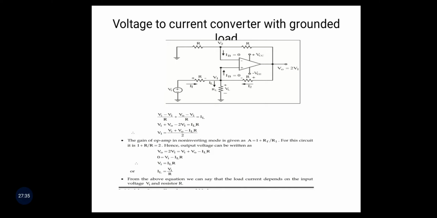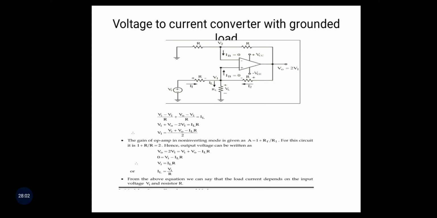Here the input currents are I1 and I2, and the output currents are IB and IL. But IB is equal to 0, because the current taken by the op amp is 0.